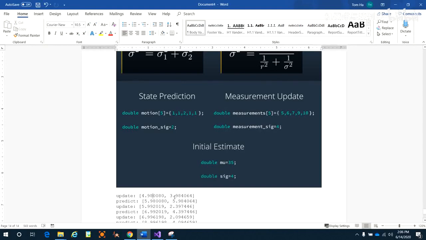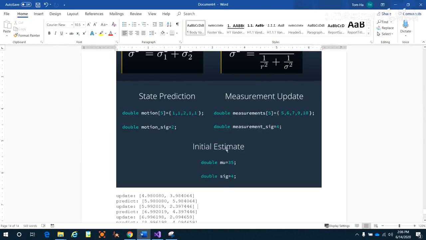The covariance here is smaller because they gain knowledge, so they get the covariance 3.98.